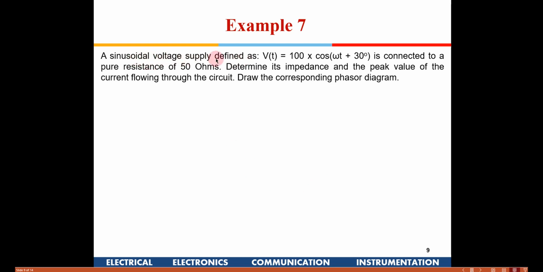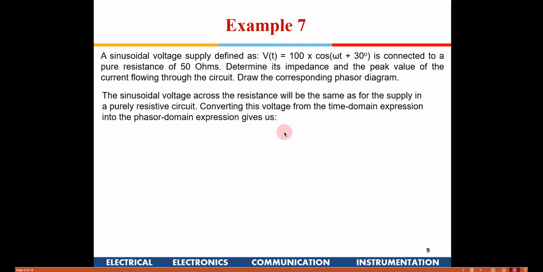Here it says a sinusoidal voltage is defined as v(t) is equal to 100 cos(omega t plus 30) connected to a pure resistance of 50 ohms. Determine its impedance and peak value of the current flowing through the circuit and draw the corresponding phasor diagram. Okay, now in this case 100 is the peak voltage which is going to be applied across the resistance out here.